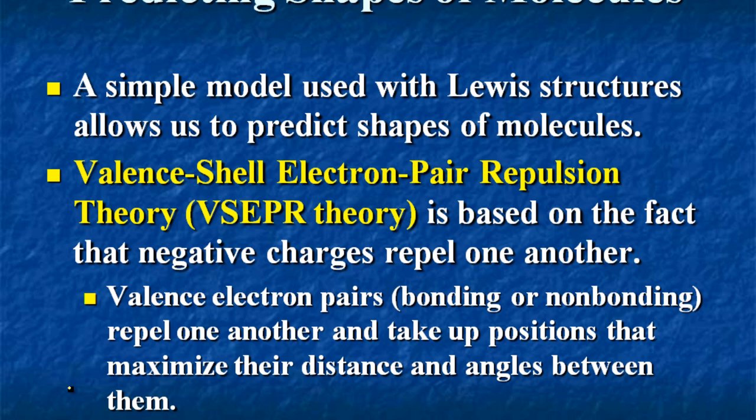Now, we are going to say that all these electrons arrange around the central atom in such a way that they minimize the repulsion and maximize the distance. Or in other words, you can think there are various molecules. When we do the Lewis structures, we make sure that everyone has 8 electrons around it. But then why do we have different shapes? If everyone has 8 electrons, then everyone should have the same shape, right?